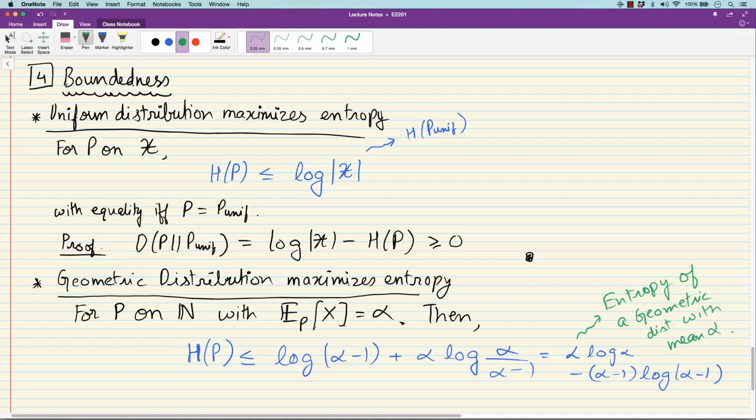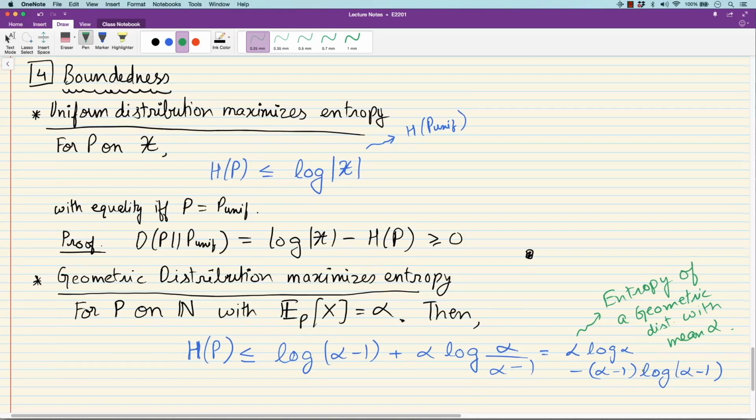So among all distributions with a given mean, the geometric distribution maximizes the entropy. Just like among all distributions on an alphabet of given size, the uniform distribution maximizes the entropy.